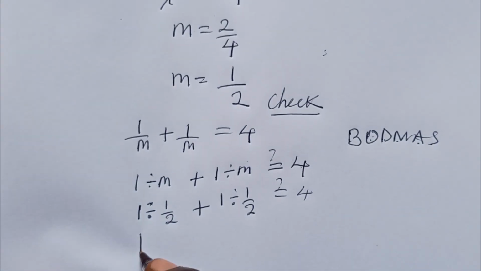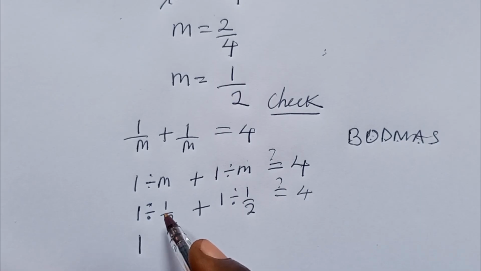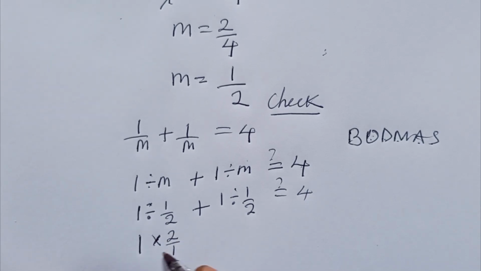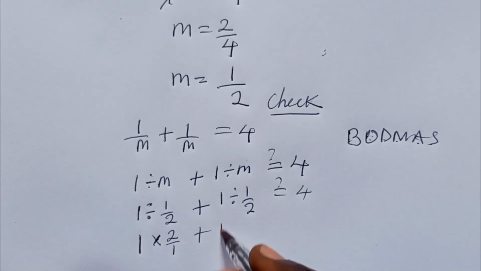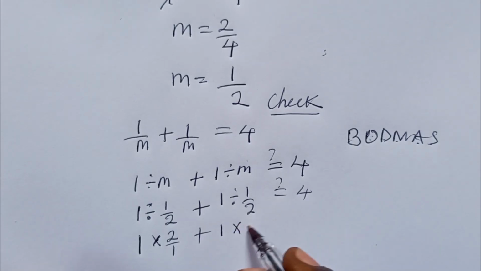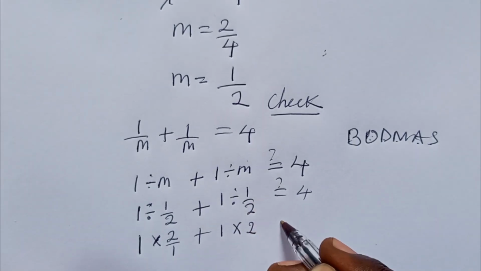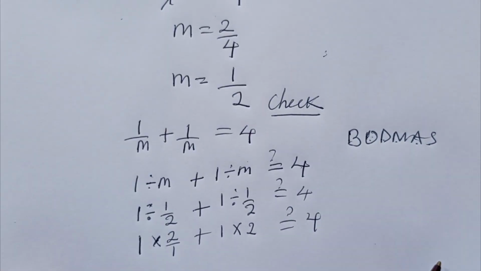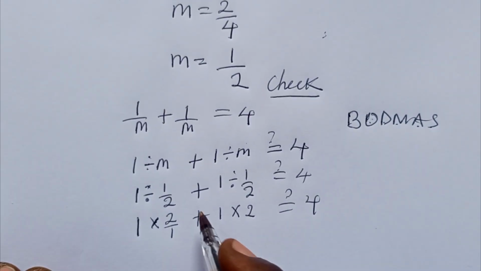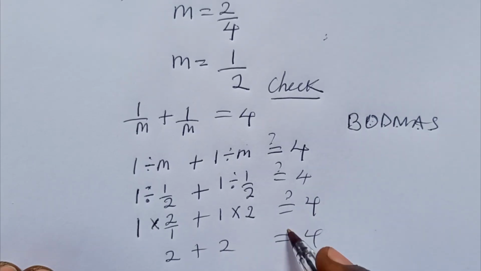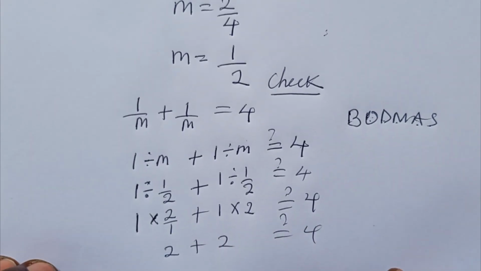And treating this division, you can change the sign to multiplication, turning it to multiplication, taking the inverse, is going to be 2 over 1, plus 1, turning to multiplication by taking the inverse, which is 2. Is that going to be equal to 4? And 1 times 2 is 2 plus 2, which is equal to 4.